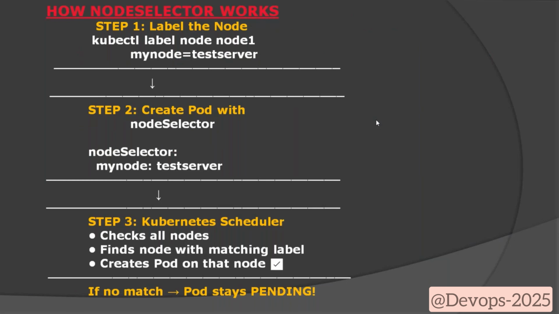This is where the scheduling magic happens. And finally, we apply and verify. When you apply the pod, the Kubernetes scheduler checks all the nodes in the cluster and looks for nodes with the matching label. If it is found, it creates the pod. If it is not found, the pod stays in the pending state.